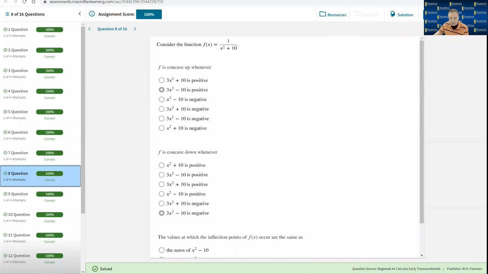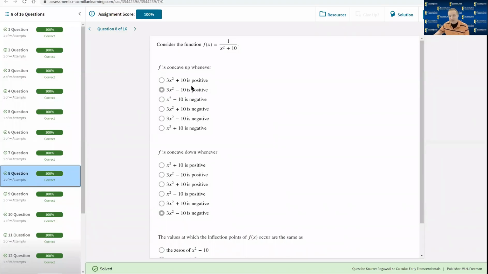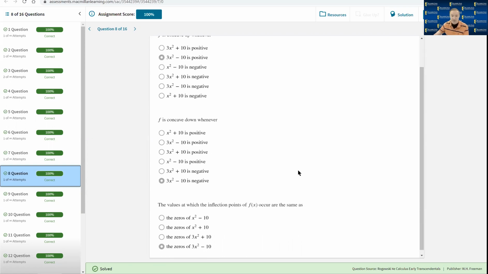So please remember, the factor of interest here was 3x squared minus 10. They try to confuse me by putting 3x squared plus 10 in a lot of the options. I can say, nope, okay. The function is concave up whenever 3x squared minus 10 is positive, because that's going to make the second derivative positive. It's concave down whenever the factor 3x squared minus 10 is negative, because it would make your second derivative negative.